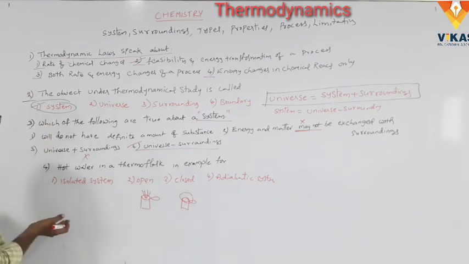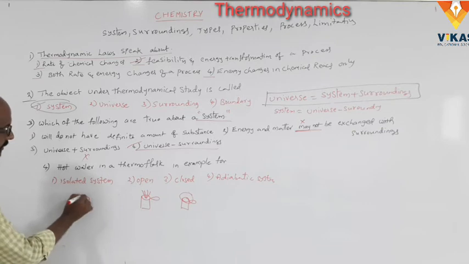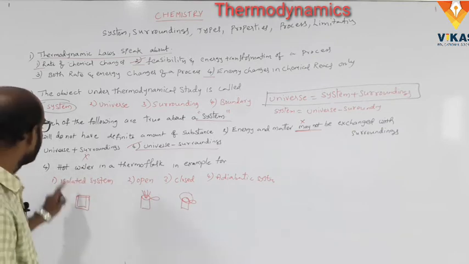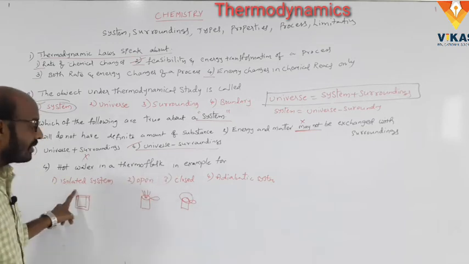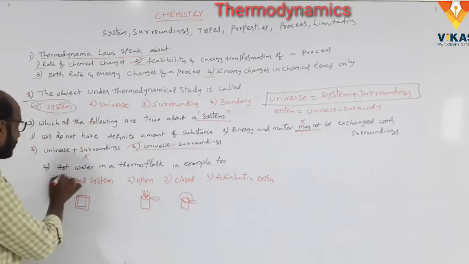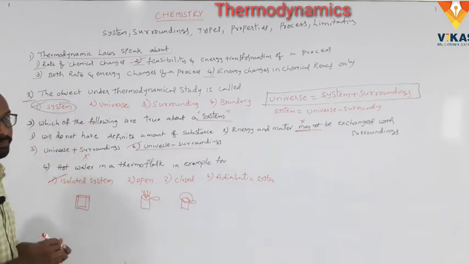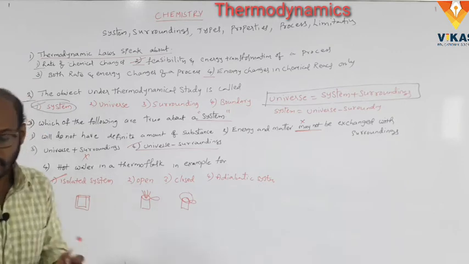In isolated system there is no exchange of energy and matter, so we take the insulated thermoflask. So the answer is hot water in a thermoflask is an example for isolated system. Option 1 is correct.